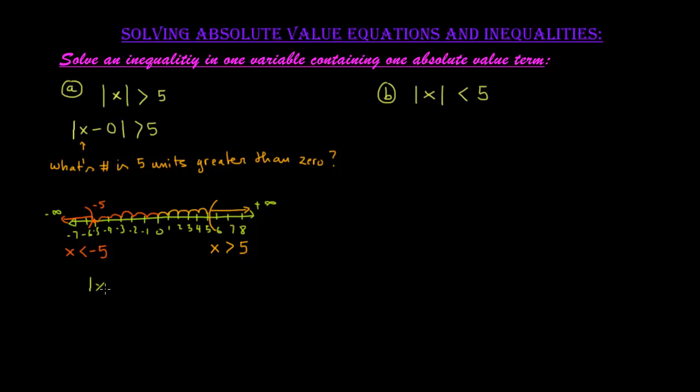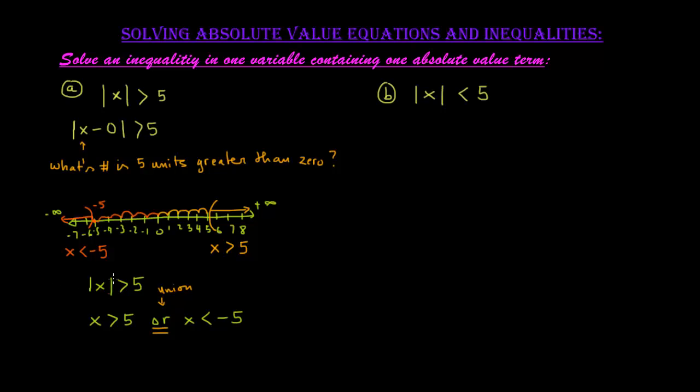The answer will be x greater than 5 or x less than negative 5. And I use the word or to connect them because we have two solutions and they both are our solution. So or stands for union.